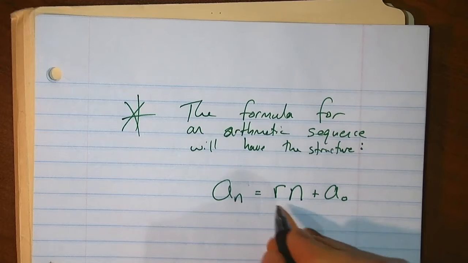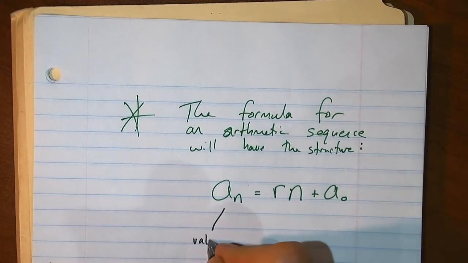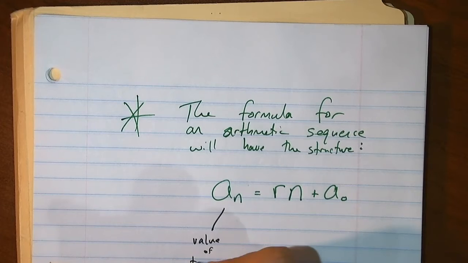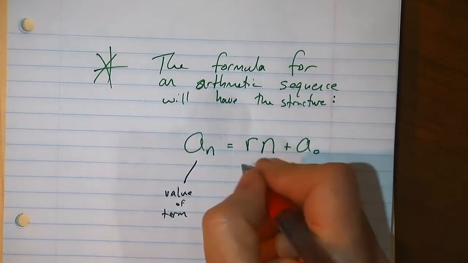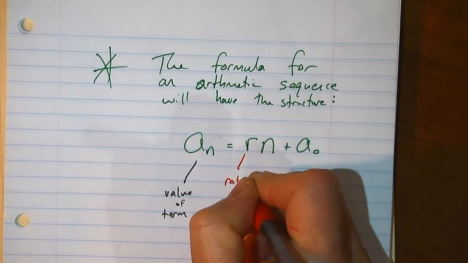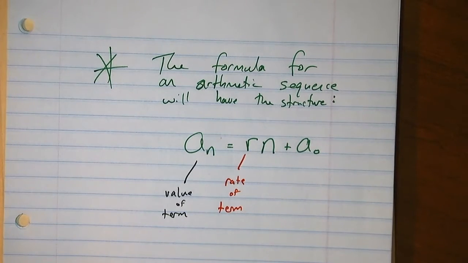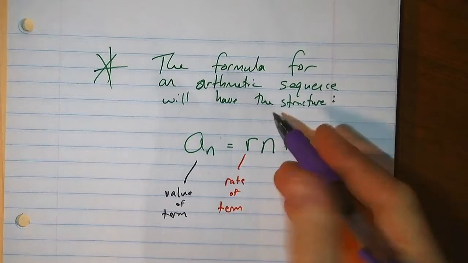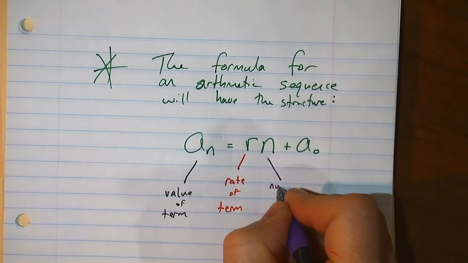And we know that a sub n is the value of the term. So is the term 6 or 12 or 18 or whatever. r is the rate of change, okay? n is the number of the term that you're studying. Is it the first term, the second term, third term, whichever?